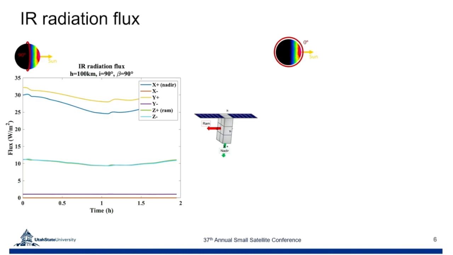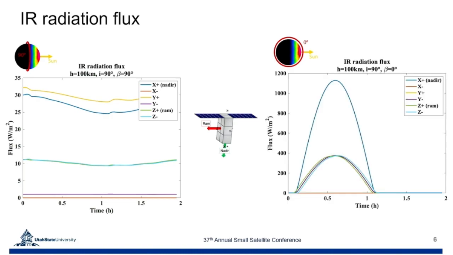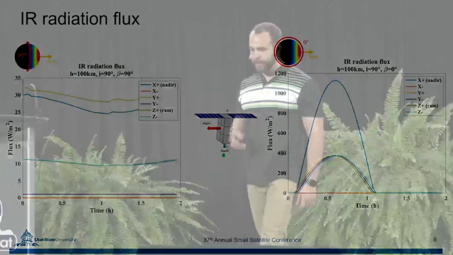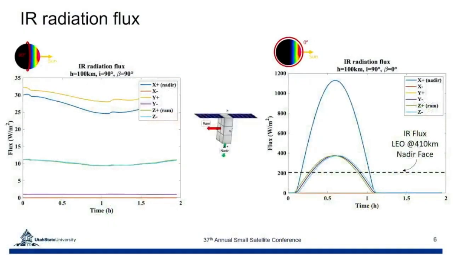Very low flux. The problem with IR flux comes here. When we are flying over the subsolar region, especially the nadir face, we're going to face a lot of IR flux. If we compare to what we get in low Earth orbit, you can see the dashed line there. That's usually how much flux we get on the nadir face.